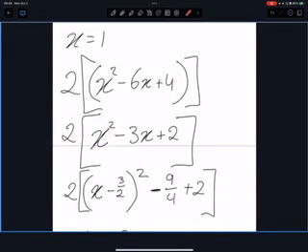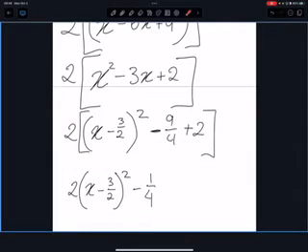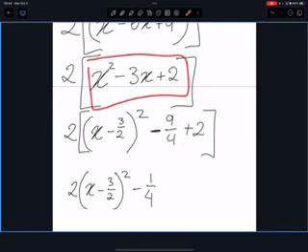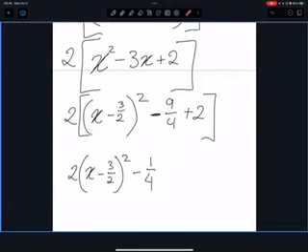I divided everything by 2. And then here you already know how to complete the square. I'm just completing the square. X minus 3 divided by 2 squared minus 3 divided by 2 squared, add 2, and you finish.